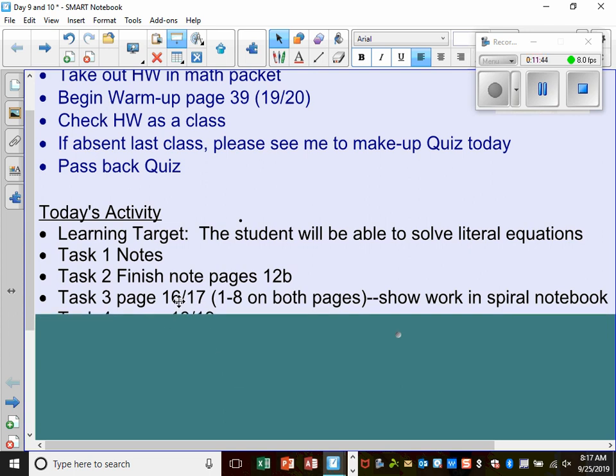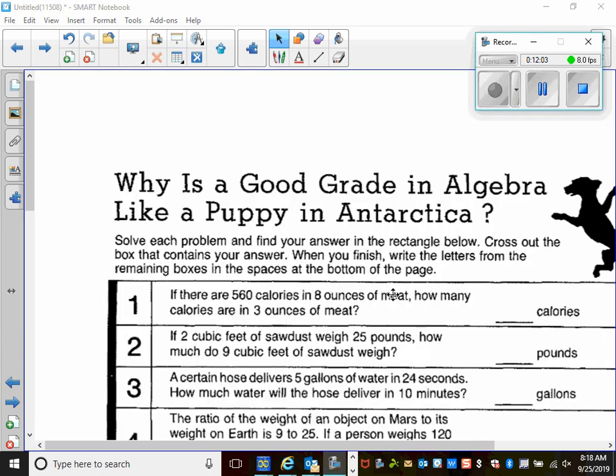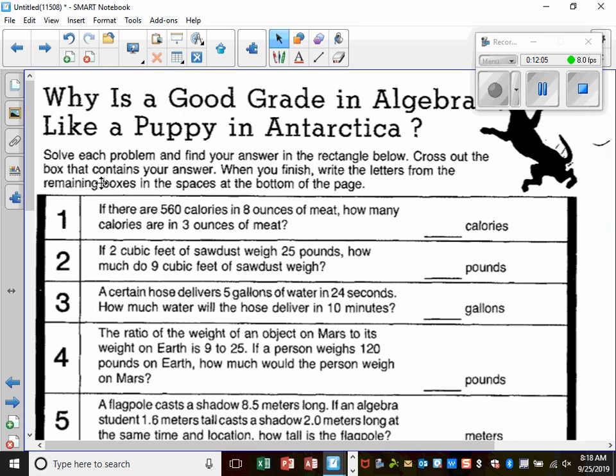After that, on pages 16 and 17, if you want to take a look at them now, there are some word problems, and these should be done in your spiral notebooks. I'm asking you to do 1 through 8 on both pages. Go ahead and flip to page 16. On this page, we're setting up proportions.